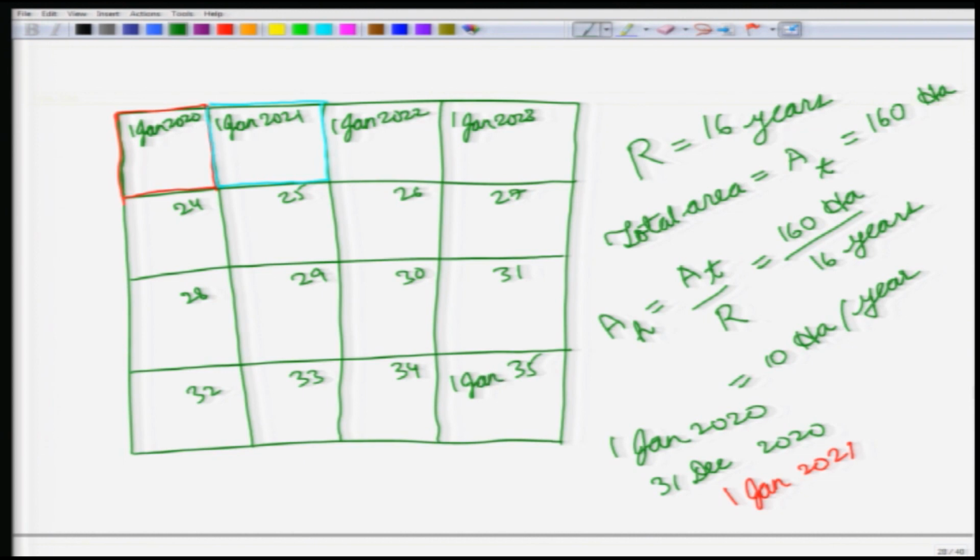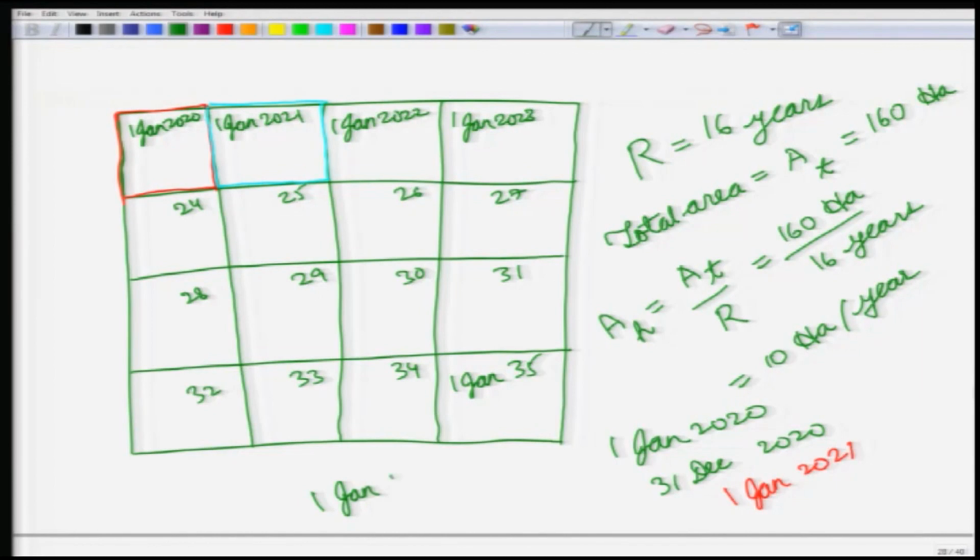Now, if we carry on these operations, what will be the situation on 1st of Jan 2036? Now, on 1st of Jan 2036, this section, the first section that we had felled on 1st of Jan 2020, is now 16 years of age. This section that we felled on 1st of Jan 2021 is 15 years of age.